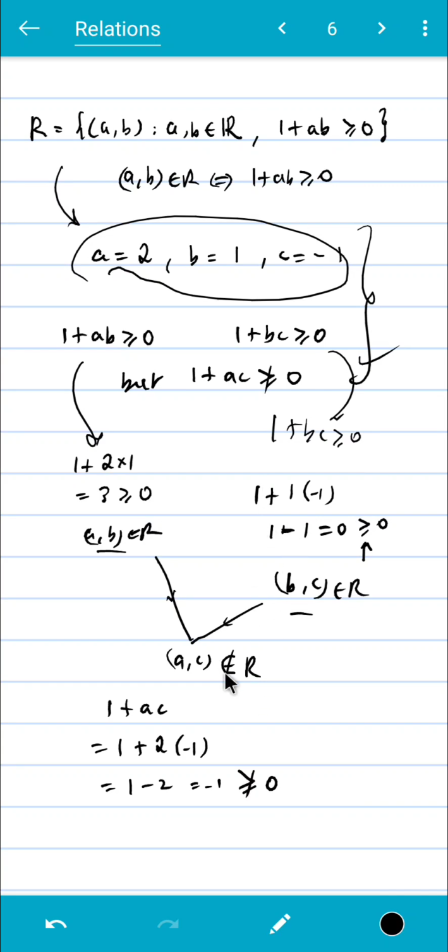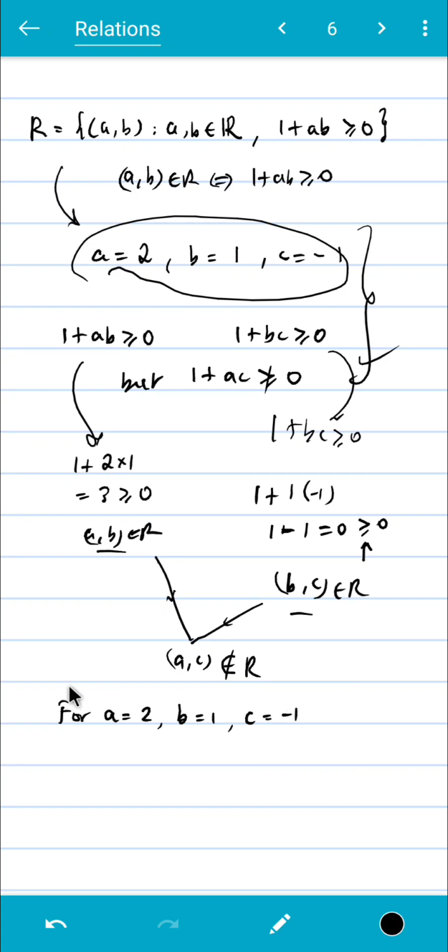So we write the answer in this way, for a equals 2, b equals 1, c equals minus 1. (a, b) belongs to R as 1 plus ab equals 1 plus 2 times 1 equals 3. It is greater than or equal to 0.